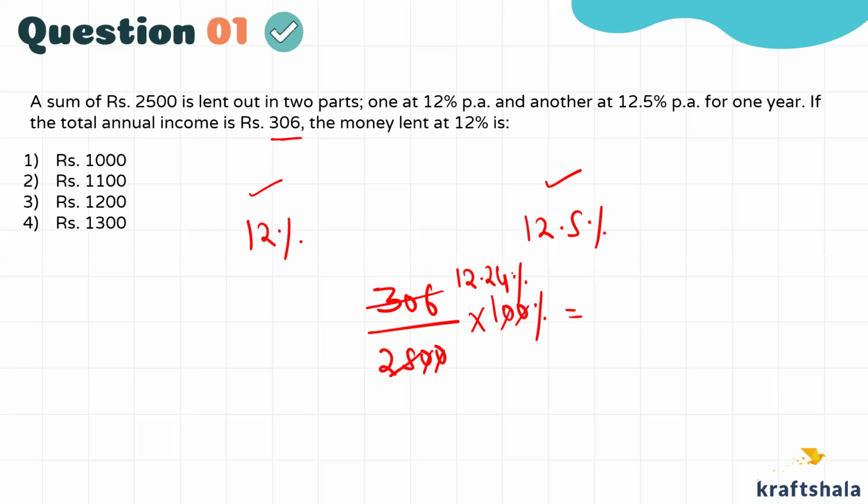So you can solve this by using allegation as well. That is why I told you that allegation is a very strong tool, जहां भी mixture you spot you can apply this. तो इसको भी इससे भी कर सकते हैं, 12.5 minus 12.24.